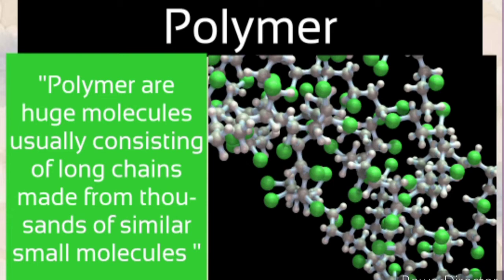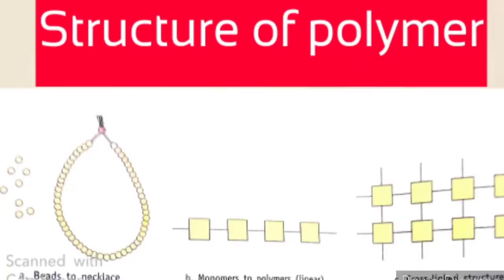This shows the shapes of the polymers or different types of polymers. So the two shapes of polymers, as we can see in the diagram, are either the straight chain polymers or the cross-linked polymers. Straight chain polymers means just simply one polymer unit is attached to the tail of another one.